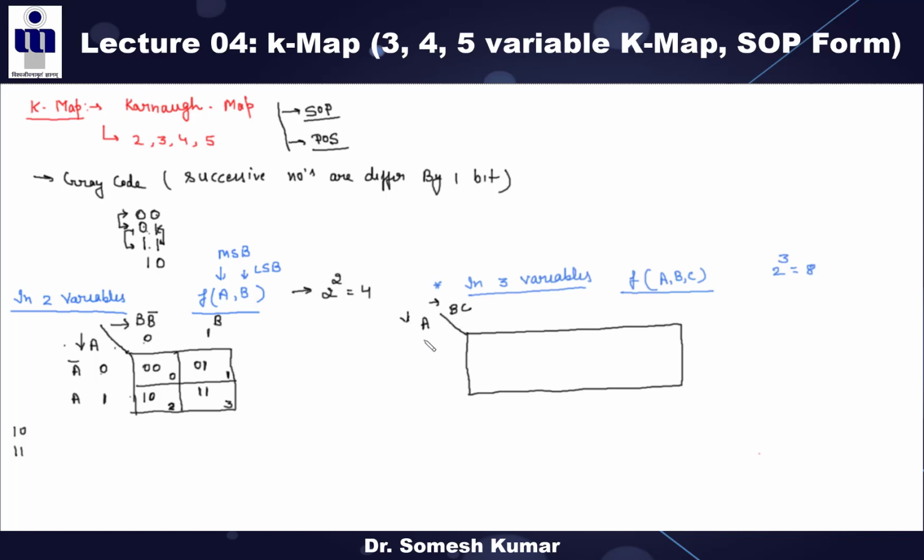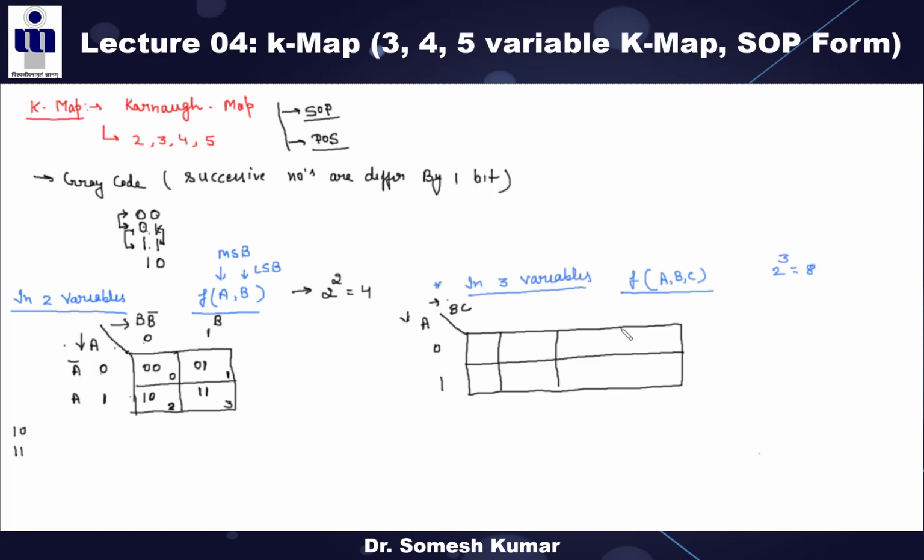So with one variable, the maximum possible combinations are 0 and 1, right? So there are only two rows, right? One this and one this. Now at this side there are how many variables? Two variables. So how many combinations with the two variables? 4, right? So we have to make the 4 columns, right?